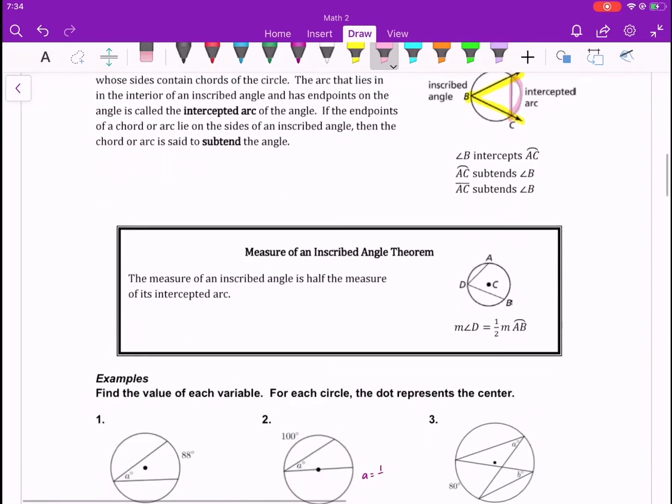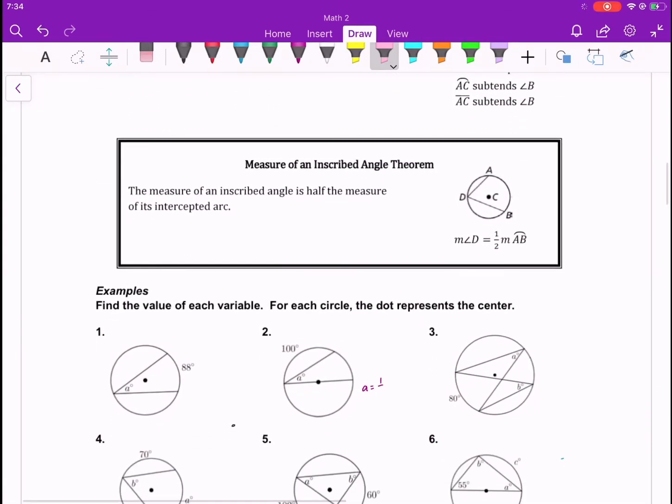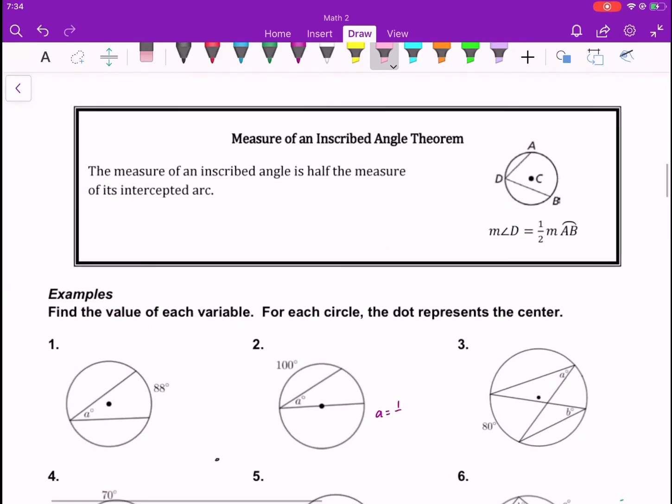So here's the deal. There is this amazing theorem called the measure of an inscribed angle theorem. The inscribed angle right here is always 1/2 of the measure of the arc.